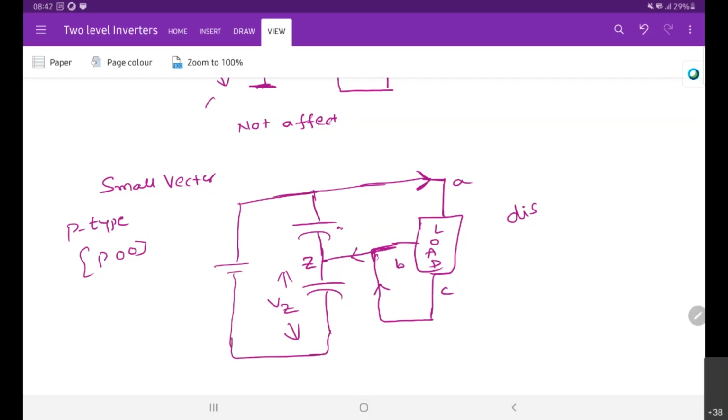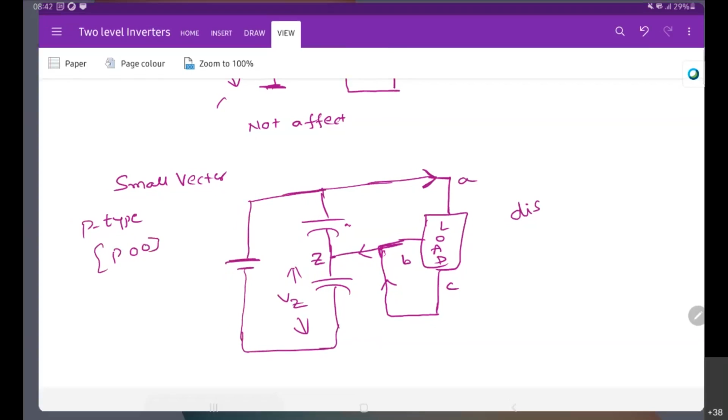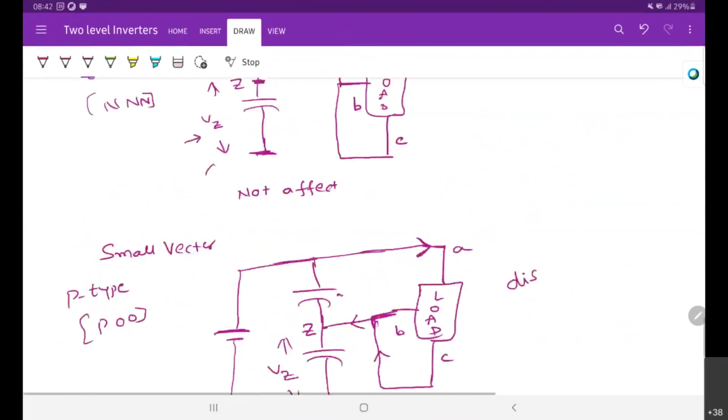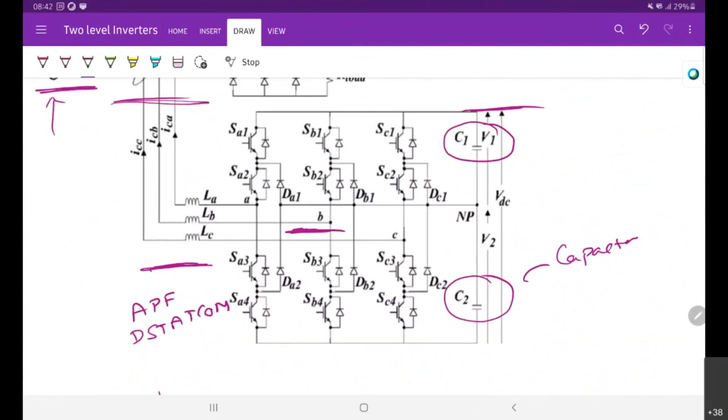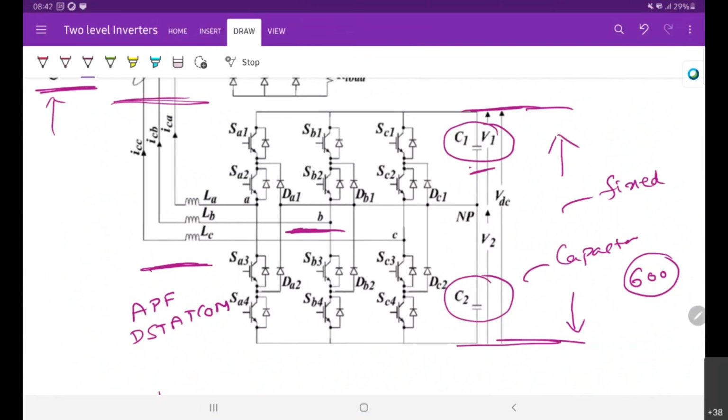The voltage across this DC bus is usually fixed, but these two inner capacitors will vary. For example, this entire thing is 600, so ideally it should be 300 and this should be 300, right? This is 300 and 300.